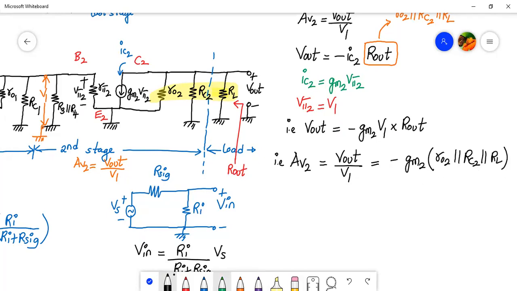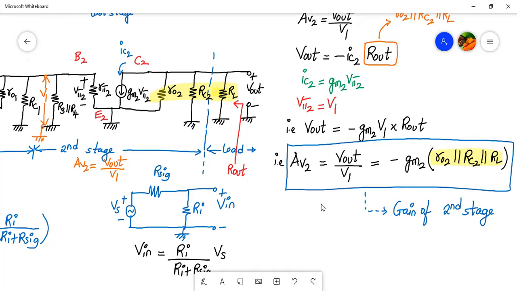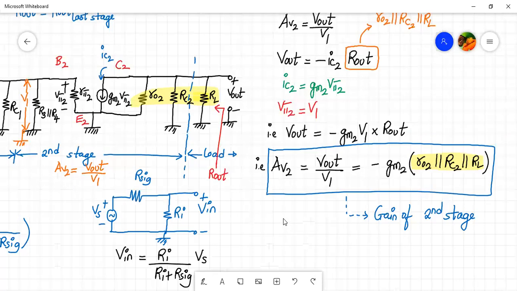This is the expression for the gain of the second stage. Always find out the gain expression for the second stage first, and then you can move on. That's an important relation. Okay, now this is over. Very good, so we have found the gain of the second stage.